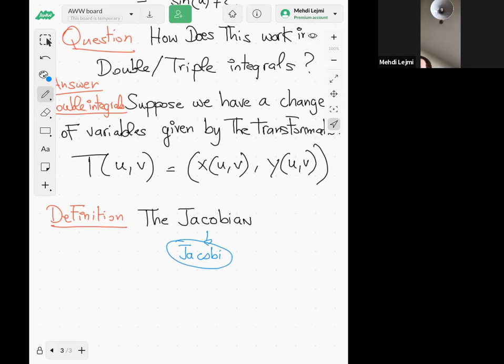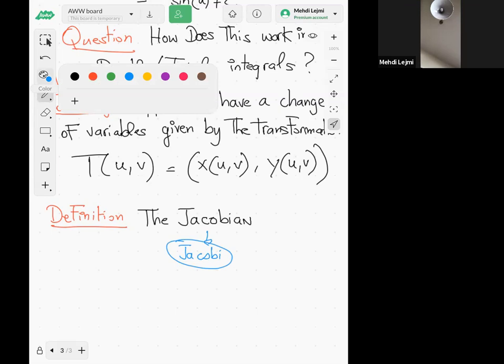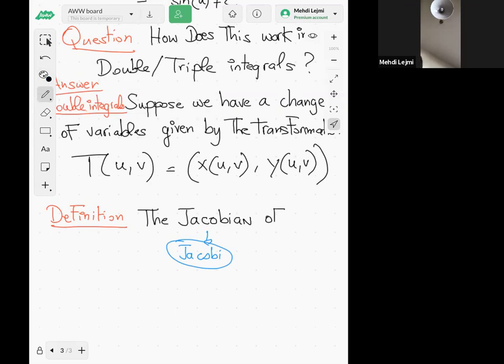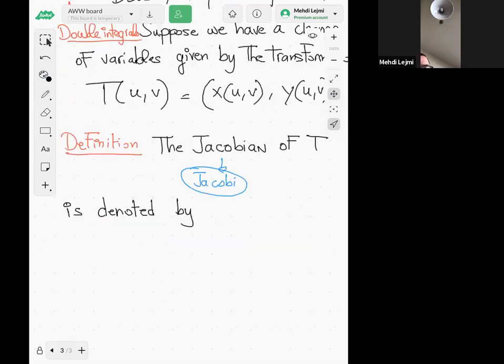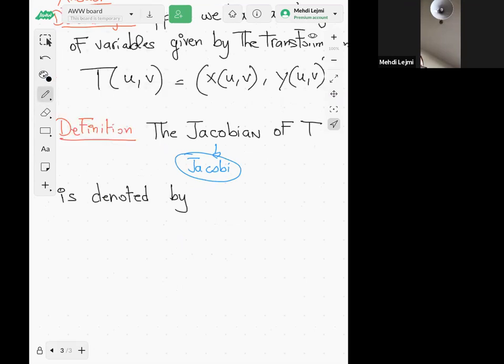Anyway, the Jacobian of the transformation T is, well, I'm going to introduce first the notation. It is denoted by partial x, y over partial u, v.